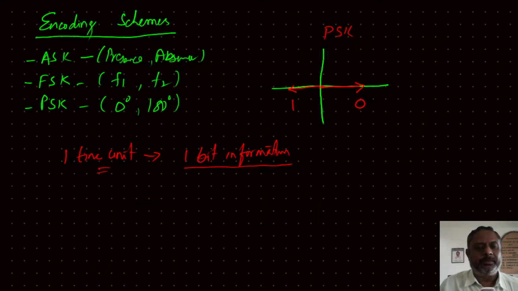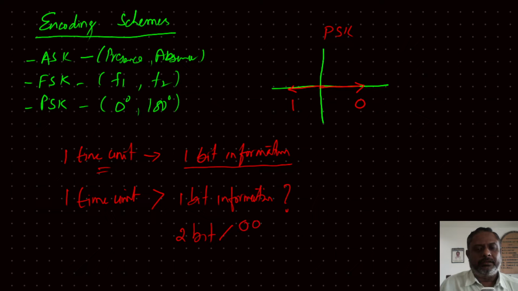So is it possible to send more than 1 bit of information in 1 unit of time? So that's a question. Say if we want to send 2 bits of information, then 2 bits means it can be either 0 0, or 0 1, or 1 0, or 1 1.